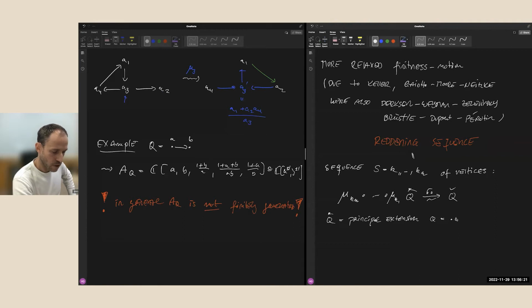So if we take our favorite cluster algebra A2, then the principal extension is obtained by adding one vertex for each of the existing vertices and an arrow pointing in that direction. And now you can guess what the co-principal extension might be.